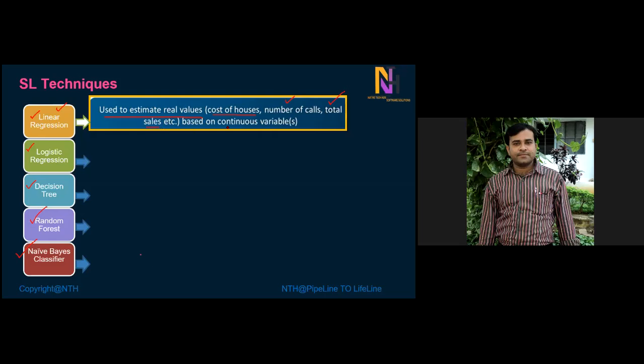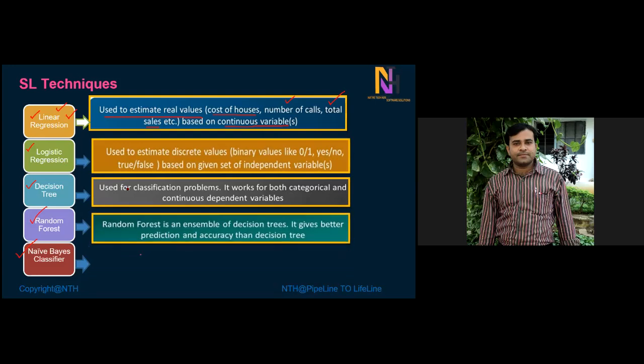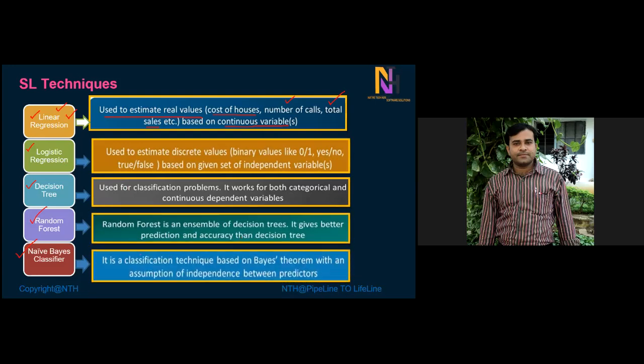So based on continuous variables, you have to understand that the linear regression algorithm will be applied when your input data is continuous data. What is continuous data? I'll talk about all this. And logistic regression, decision tree, random forest, Naive Bayes, these algorithms are also used to classify certain data based on the approach called supervised learning.